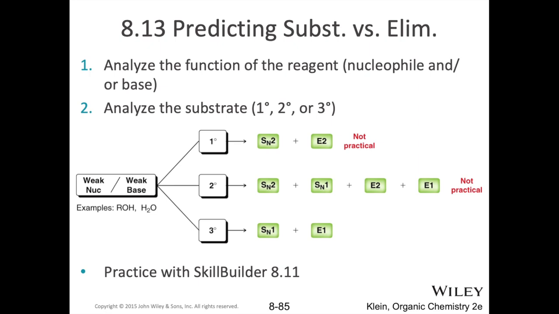In the case of using a weak nucleophile / weak base, this is where things get impractical, right? You start getting large amounts of both products with a primary substrate. Same with a secondary substrate, things get even messier. Notice that we have four different types of product here.